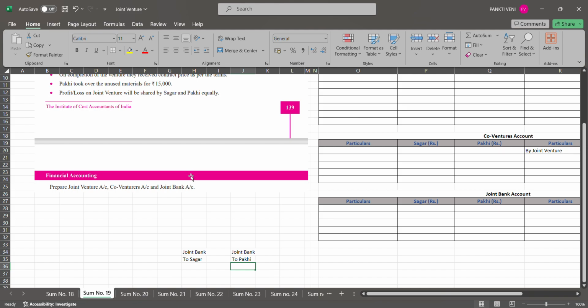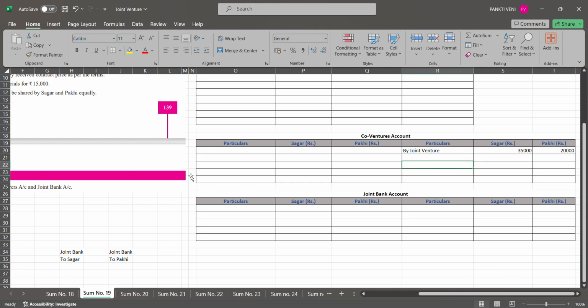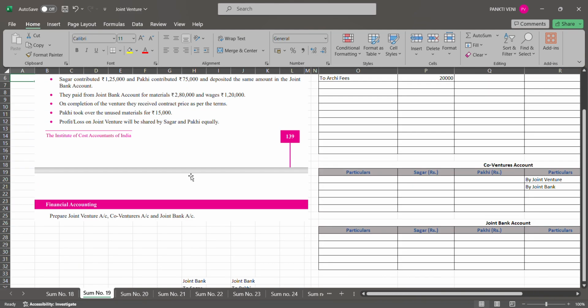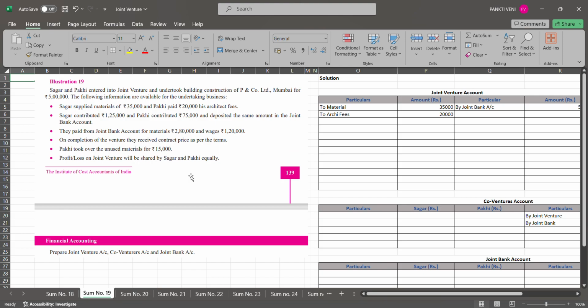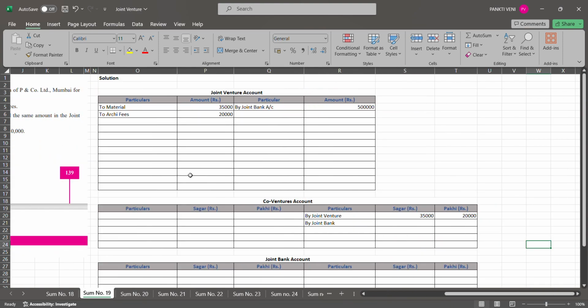Under Sagar, here I'll write by joint bank. By joint bank, it will be the amount they are contributing, 1,25,000 and 75,000.